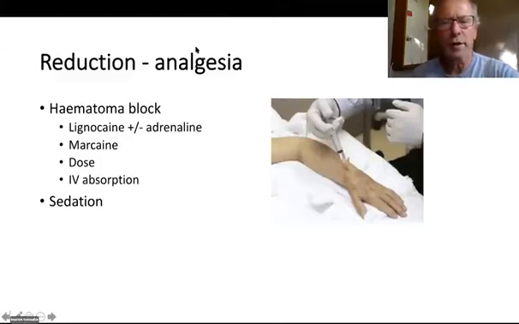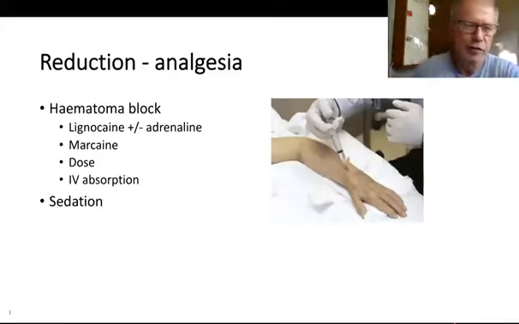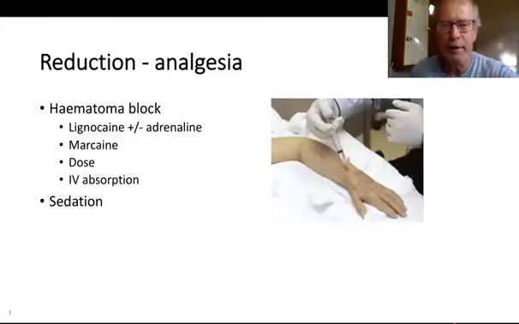Well, you could either use lignocaine or marcaine, and lignocaine with or without adrenaline. With regards to the amount that you can use, one mustn't go above the toxic dose. So I mean, you're not going to do that anyway, but it's 3 milligrams per kilogram lignocaine, 6 milligrams per kilogram lignocaine if you use adrenaline, and 2 milligrams per kilogram marcaine.